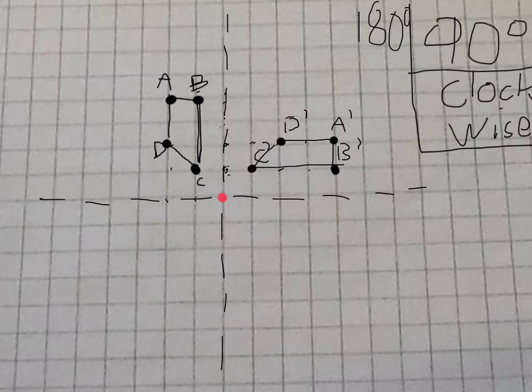So 180 degrees would be in this little area. So we take and we count 1, 2. So instead we go the opposite direction and go 1 down, and that is the C point.